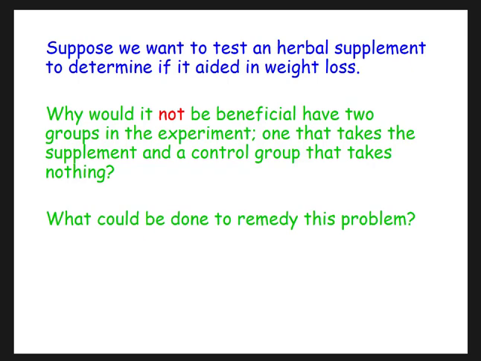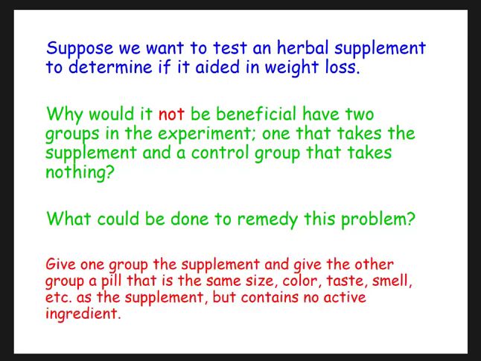What could be done to remedy this problem? Well, you could have a group come in and divide it into two groups, and each group gets a set meal plan, set amount of physical activity every day, and so on, controlling all those other characteristics that could have that confounding effect. So give one group the supplement and the other group a pill that is the same size, color, and taste, but contains no active ingredient.